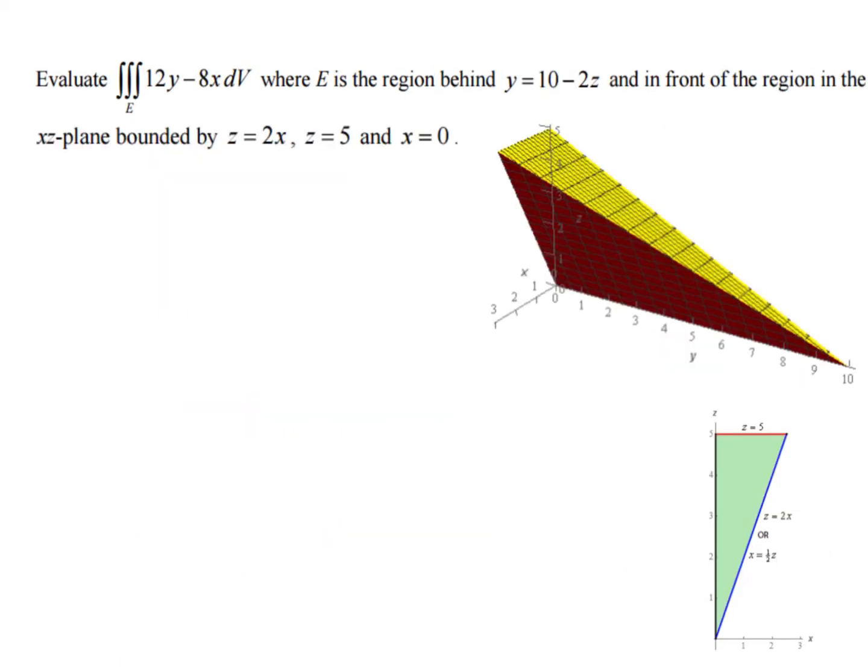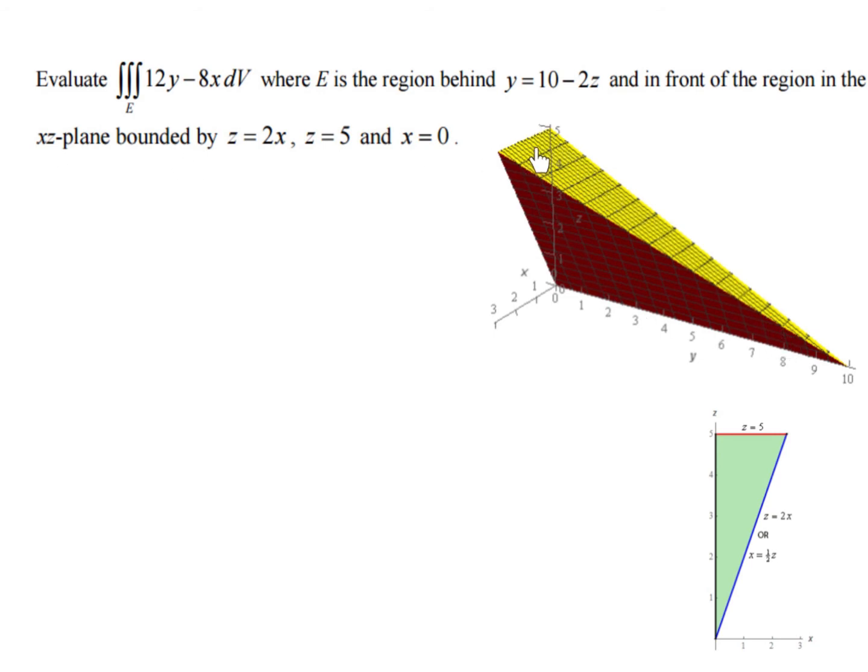So here we're going to evaluate that 12y minus 8x in this region. And I have a couple of pictures here that I'll quickly explain. So this is our region E. It's behind this 3D plane. It goes back to the XZ plane, where y is 0.